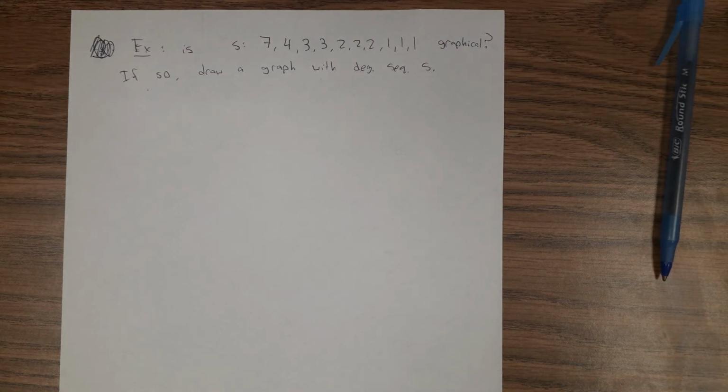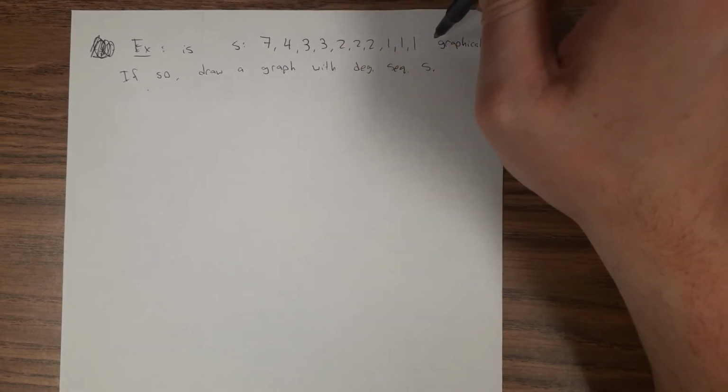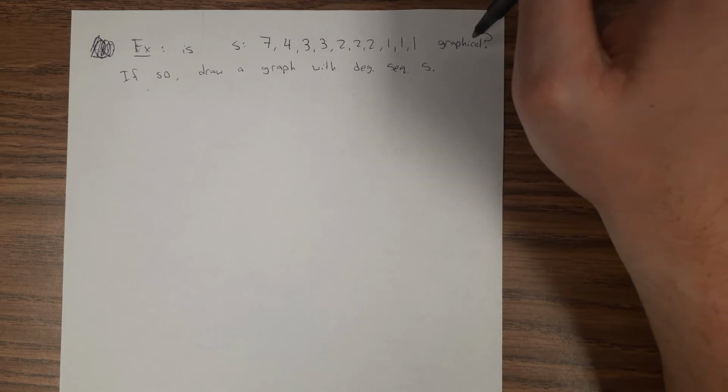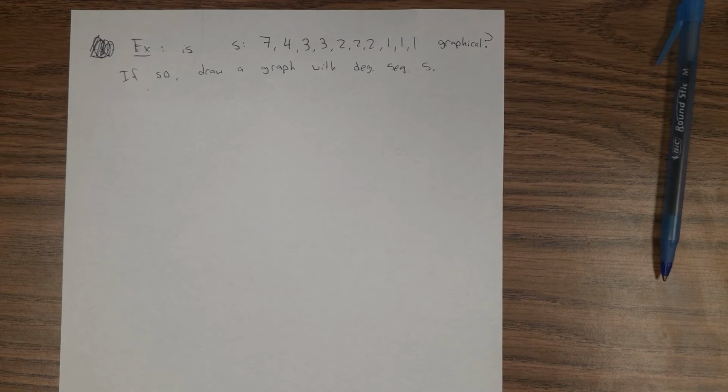So why don't we try to do that one more time with a longer degree sequence. So we have this degree sequence, and the question is, is it graphical? And if it is, draw a graph with that degree sequence.